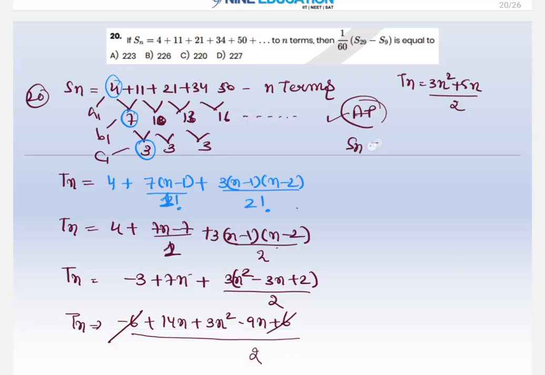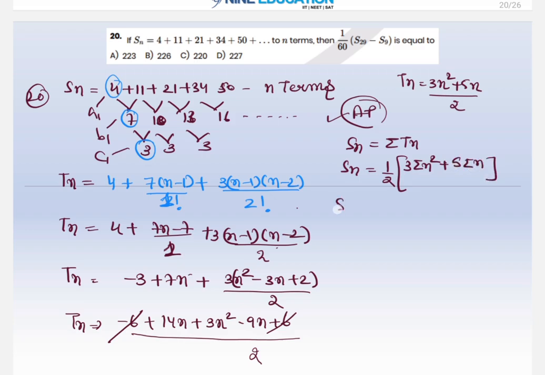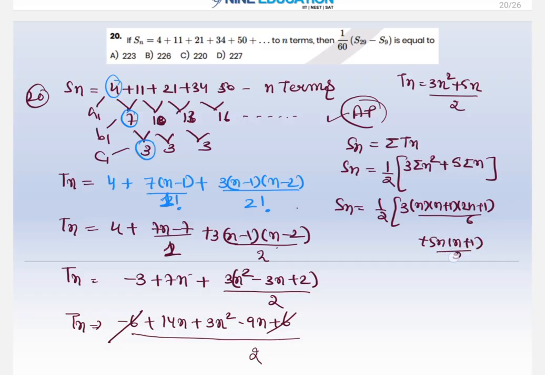Now Sn, we know this is equal to summation of Tn. So Sn will be equal to 1 by 2, 3 times summation of n square plus 5 times summation of n. Applying the formula, Sn will be 1 by 2, 3 times n into n plus 1 into 2n plus 1 by 6, plus 5 into n into n plus 1 by 2. Take out 2 from both of the terms, so 1 by 4.